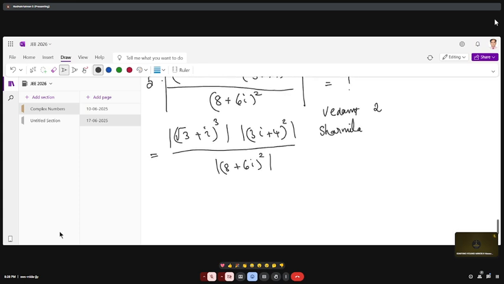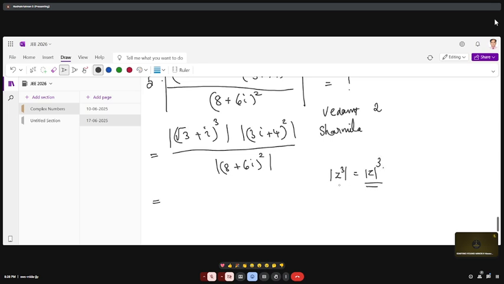Do you all agree? Okay. So now modulus of Z cube is equal to modulus of Z whole cube.